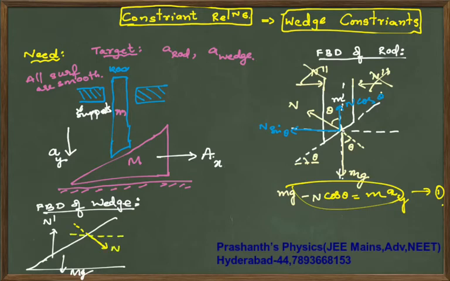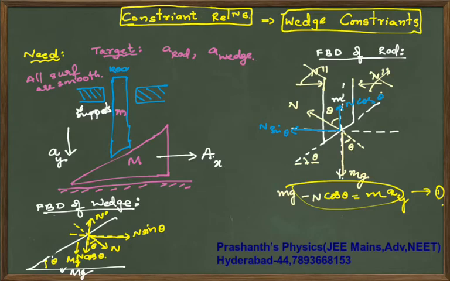So you will have normal reaction this way, and N dash and Mg I will put at that point only, don't worry. So N is this way, this angle is theta. The component in the horizontal direction is N sin theta, the component in the vertical direction is N cos theta, and Mg will obviously act downwards, N dash because of the ground will act upwards.